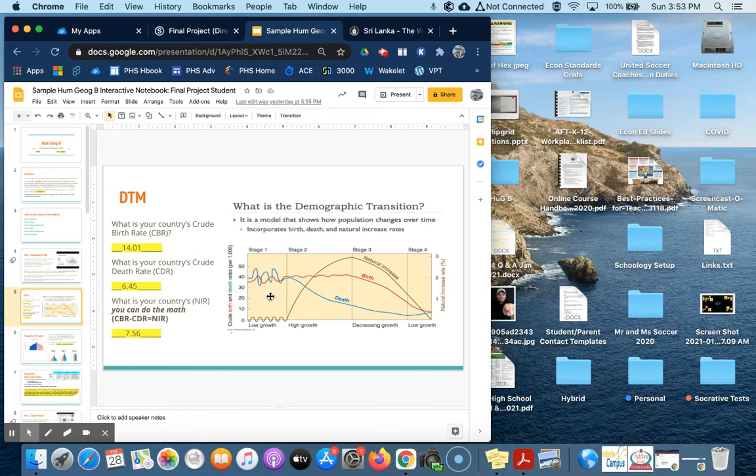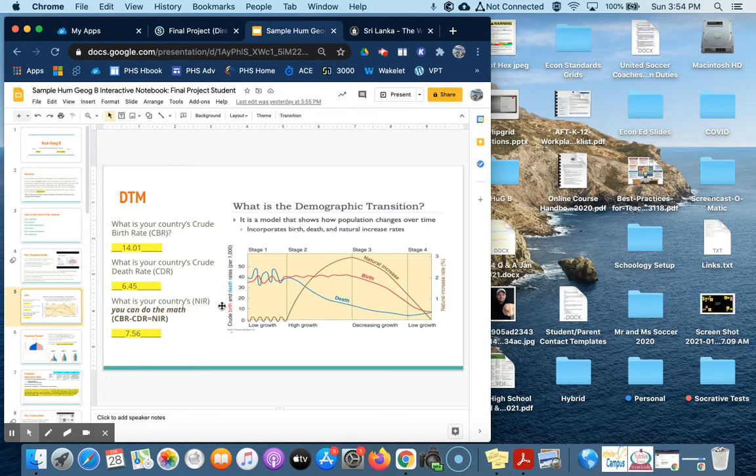When you are asked where your country appears on the demographic transition model, the DTM, you should be looking for 14.01 is my birth rate, so 14.01 or 14 is probably right around here. So I can see that the birth rate's right at the end of stage 3, almost into stage 4.